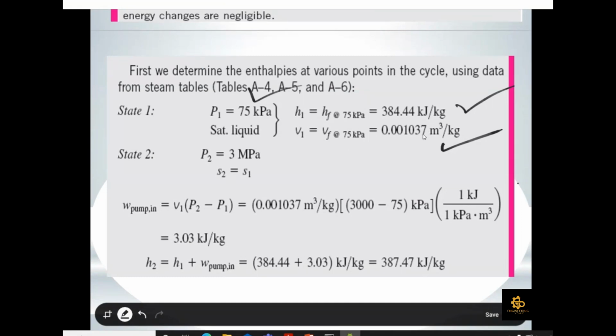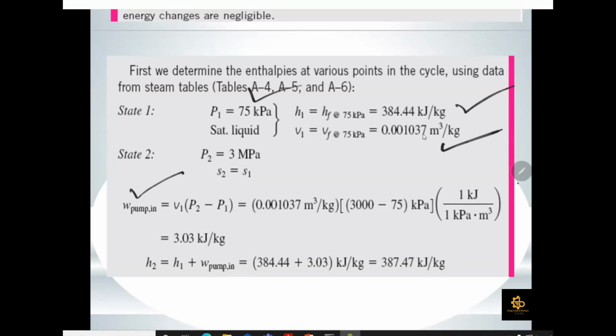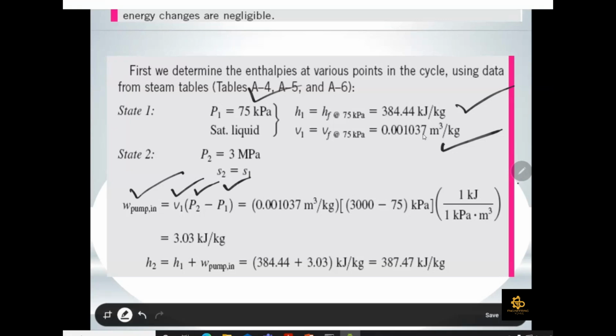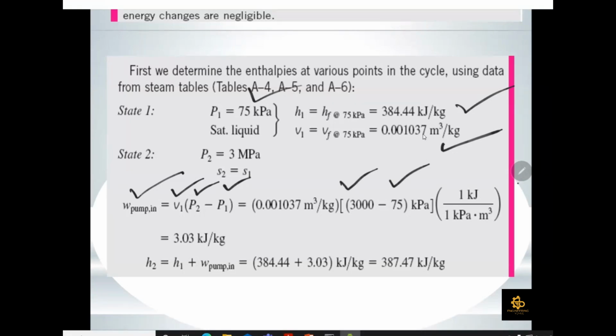Now coming towards state number 2. State number 2 is an isentropic process. As you know, P2 is already known to you, that is 3 megapascal. First you have to find the enthalpy value at state 2. We have the relation W pump in equals specific volume v1 times (P2 minus P1). P2 is already given in your question. P1 is already given. Specific volume at 1 you found just previously from the thermodynamics table.